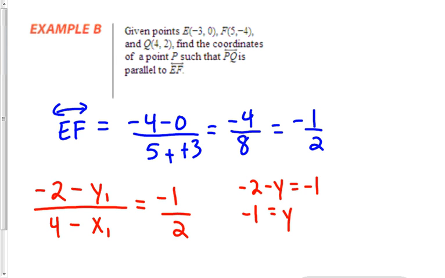Then I have the bottom of my slope formula, which is a separate equation, and that has to equal positive 2. So now I would subtract 2 to the left side, so 4 minus 2 is 2, and I would take my negative x over to the right where it would become positive, so my x coordinate is 2. So the coordinates for P could be 2, negative 1.